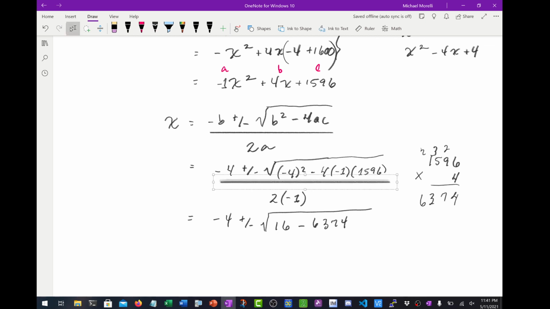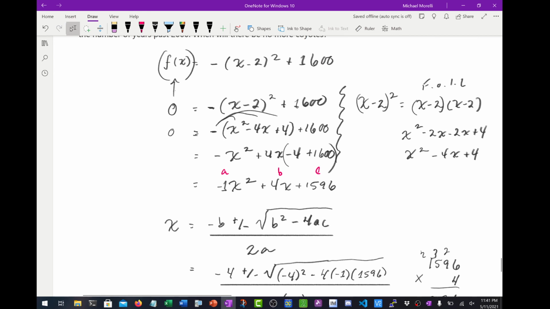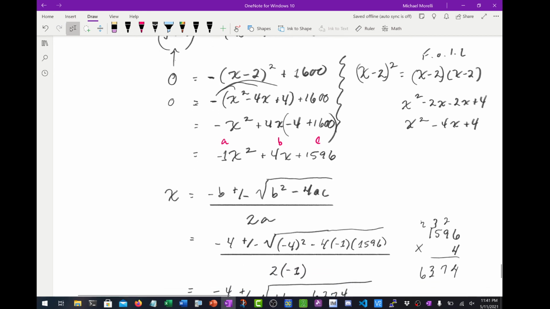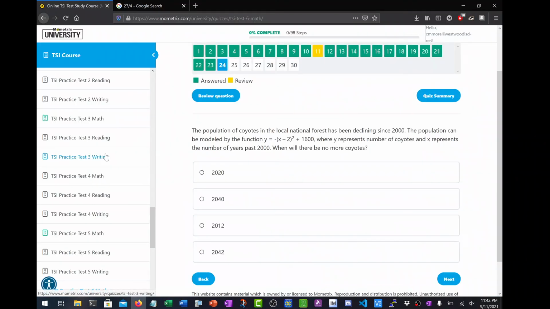We're going to end up with a negative root. So something went wrong here. Okay, let me back up here. I think I got sidetracked and made a mistake.